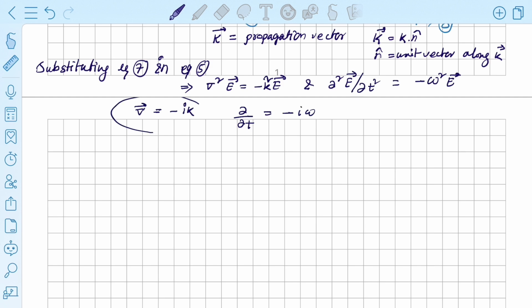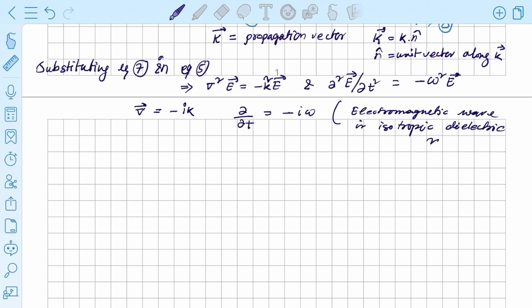How we have got this, I have already explained in the video where I explained electromagnetic wave in isotropic dielectric medium. If you have watched that video, then I have already shown how we have got this.